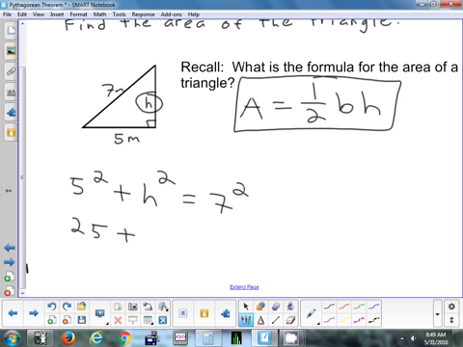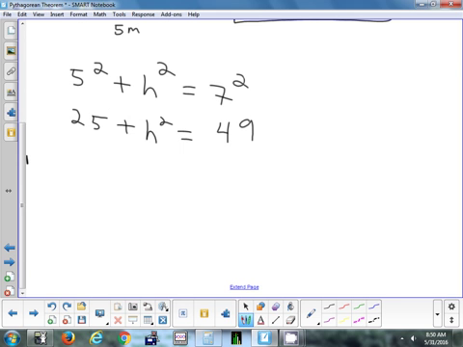Now, when you have the letter, just leave the letter. Nothing you can do with it right now. And how about 7 squared? Oh, Corey, what's 7 to the second power? Seven times 7? Yep, 49. All right, now this is the one where you have to get this by itself.